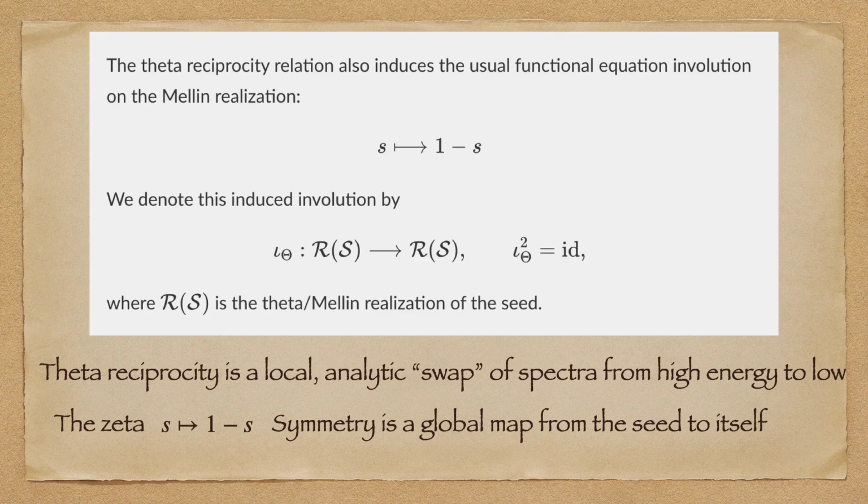So the theta reciprocity is a local analytic swap of spectra from high energy to low energy, and the s maps to 1 minus s symmetry is a global map from the seed to itself.